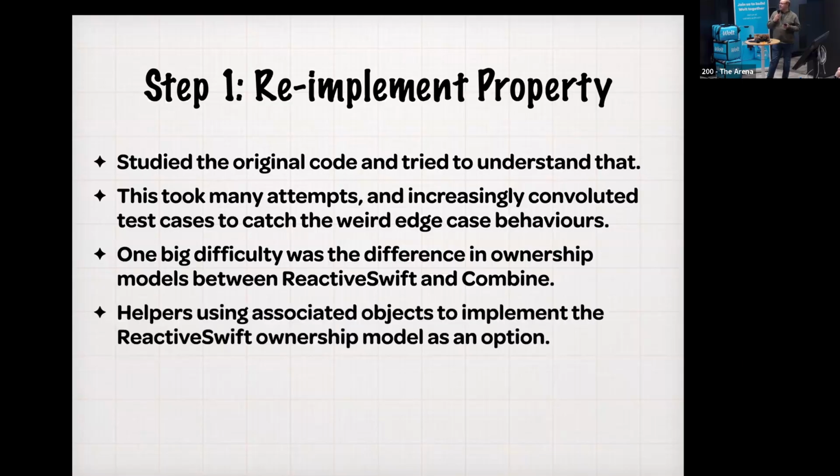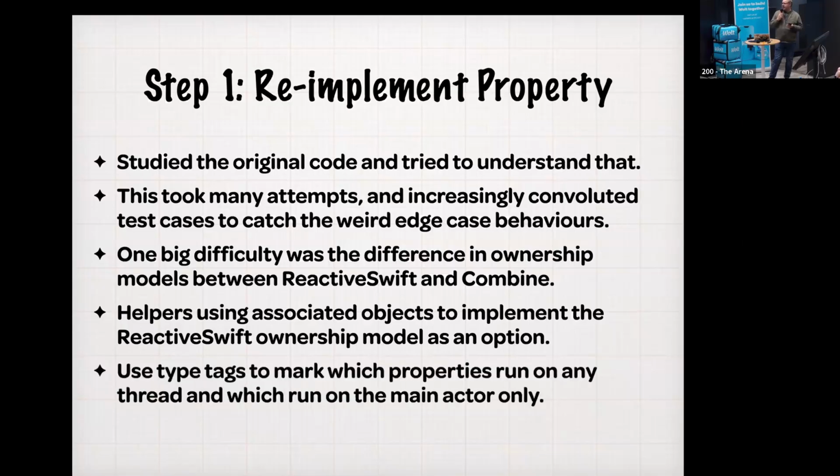So what we did was use some associated object hackery to implement basically the reactive Swift ownership model in Combine and in other stuff, so that we could optionally use that instead, at least while we were migrating things. Another thing we did here was use some types as tags on the Property to mark which things are running on any thread and which ones are on the main actor, to help us out.